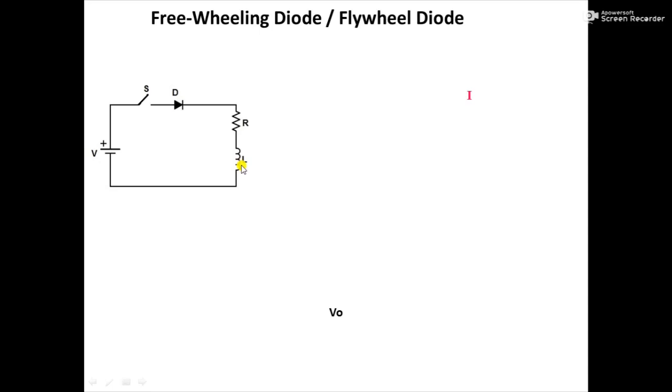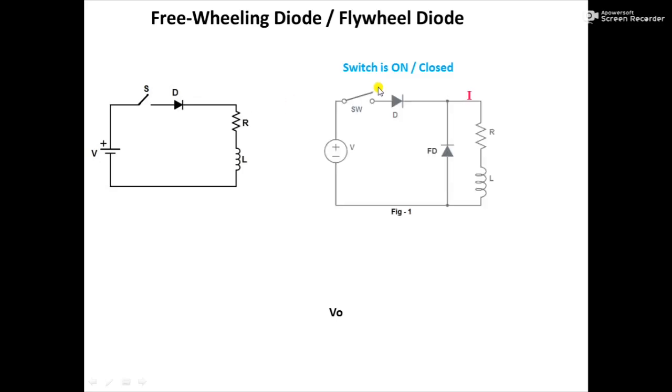There will be two cases seen here. First, when the switch is on or closed, and second, when the switch is off or open. So first, let us consider that the switch is on, that is, the switch is closed. When the switch is closed, the positive terminal of the supply comes at the anode.